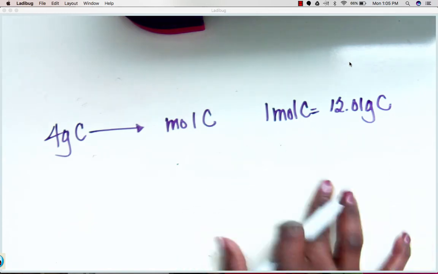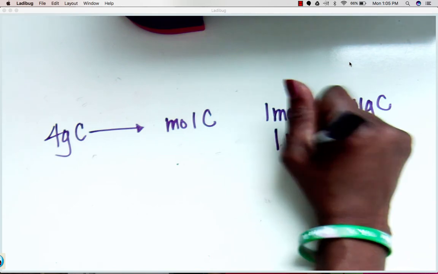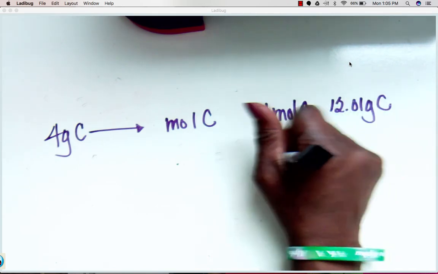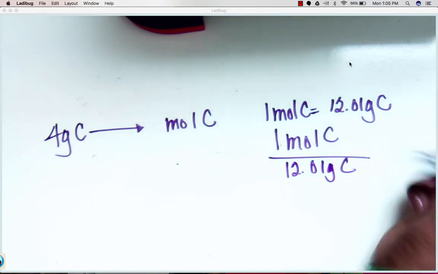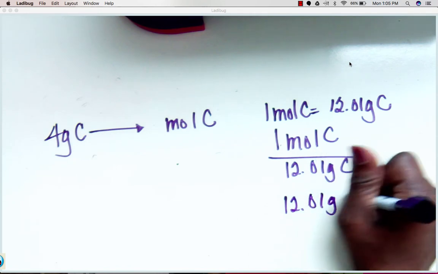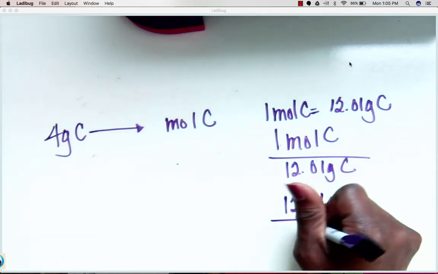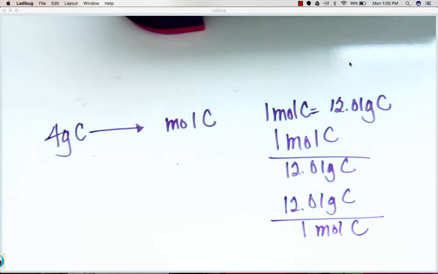There are 2 other ways that we can write this same conversion factor. We can write this as 1 mole of carbon over 12.01 grams of carbon. We can also write this as 12.01 grams of carbon over 1 mole of carbon. Each of those conversion factors says the same thing.